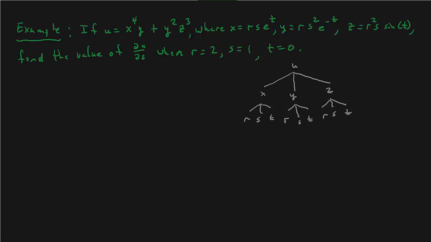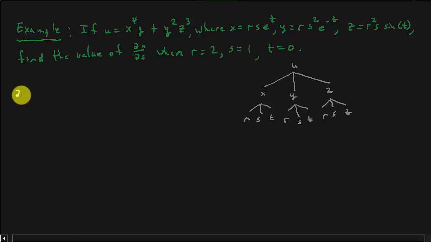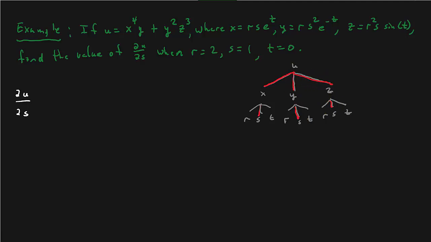So let's write out what we're looking for. We're looking for the partial of u with respect to s. That's what they're asking us to find. So we've got to go to each of the s values. So that's here, here, here, here, here, and here.